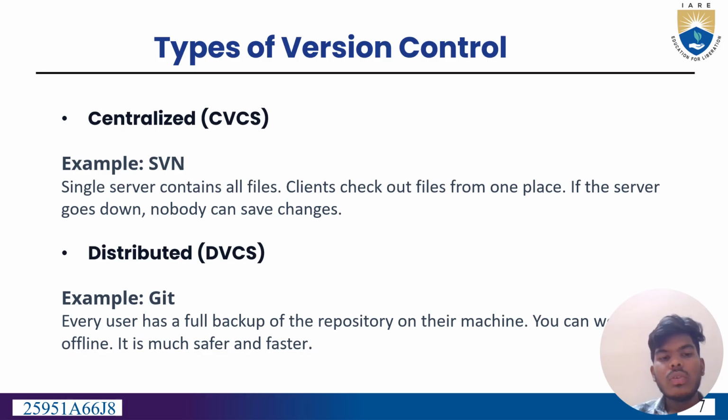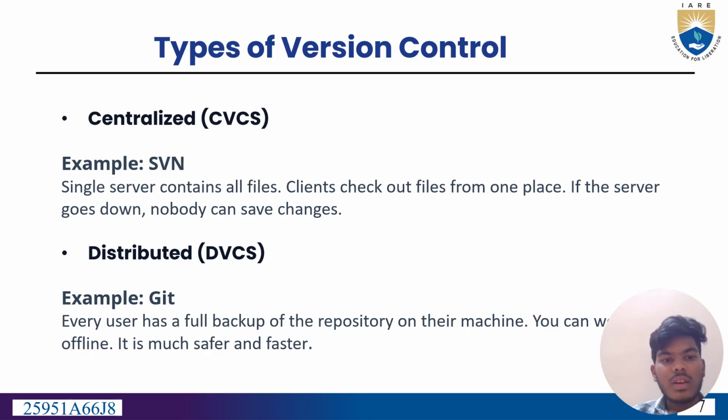We need to know the difference between these two. First, the centralized version control system is a single server which contains all the files, and clients check out files from one place. If the server goes down, nobody can make changes. For example, SVN.